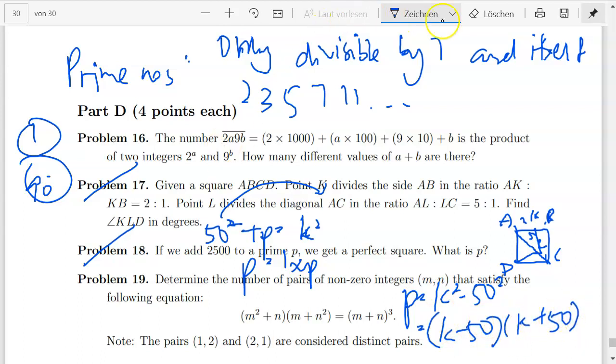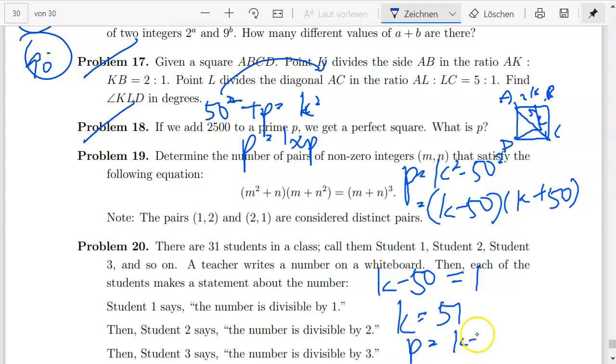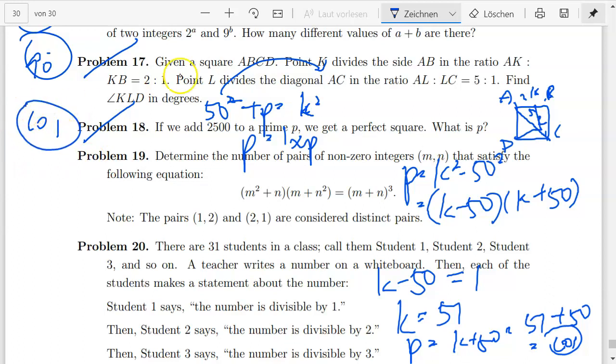Because we know P is a prime number, K minus 50 is definitely 1. So our K is definitely 51, and then our P would be K plus 50, which is 51 plus 50, which is 101. So you need to know the a squared minus b squared formula.